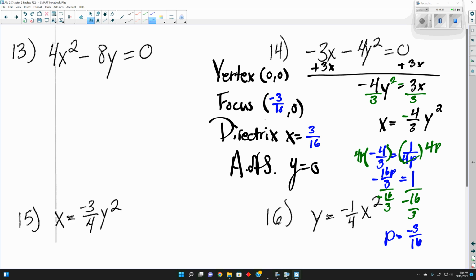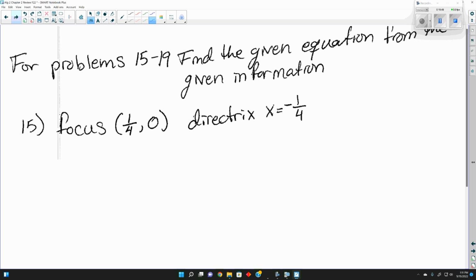Any questions on any of this here? Any other questions on these 4 here? Questions on one of 15 through 19 that you all want to look at in particular? 15, 16, 17, 18, or 19.